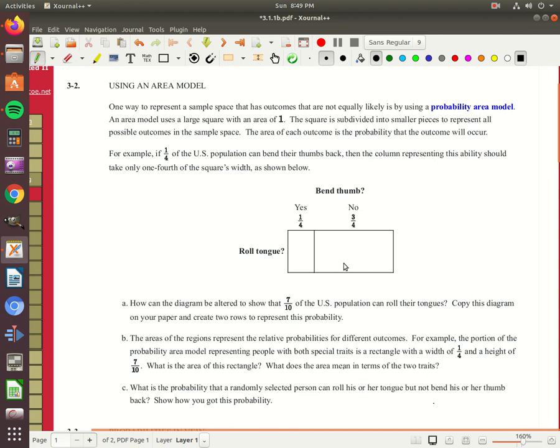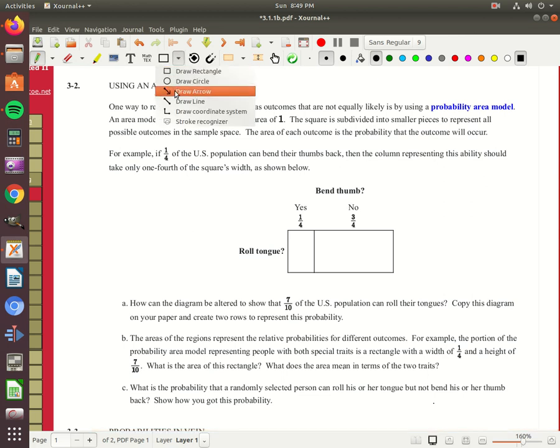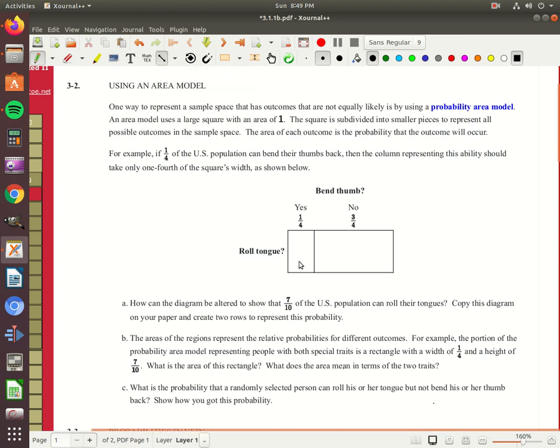And what we're going to do is get an actual look at roughly what it would look like. So when we roll the tongue, if you'll remember, we said a yes was like 7/10 and a no was like 3/10, right? So if we were to do that, it might look something like this.